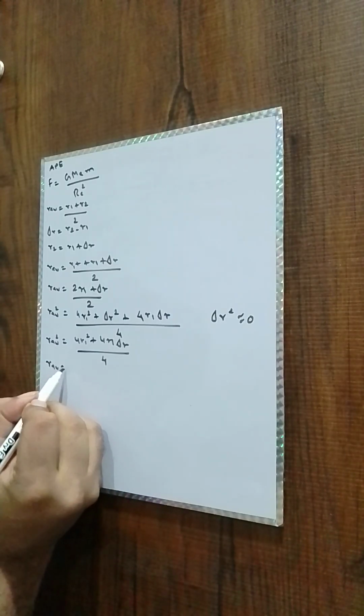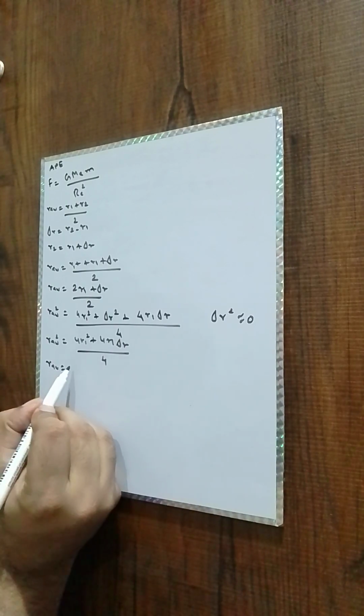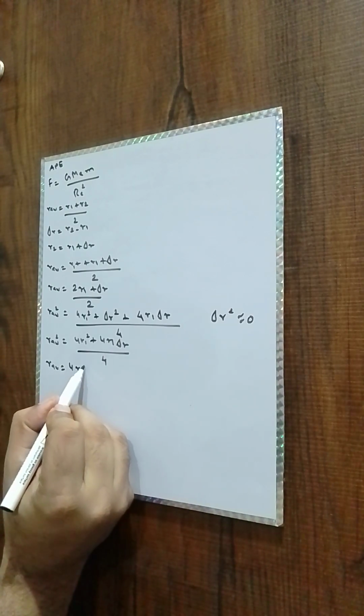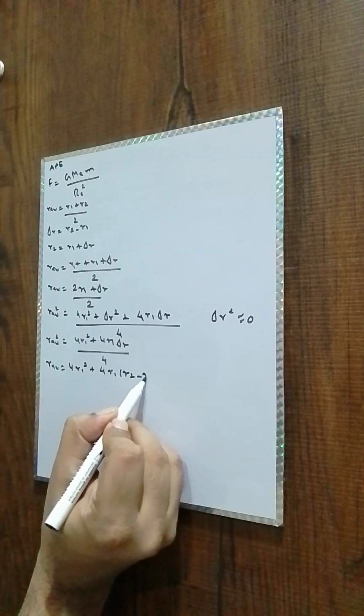So our average is equal to, once again back substitution, 4r1 square plus 4r1 into r2 minus r1.